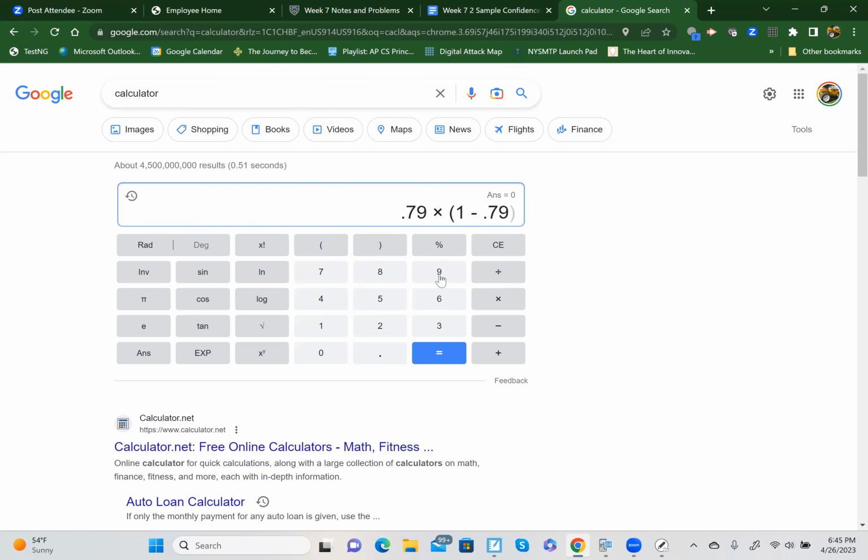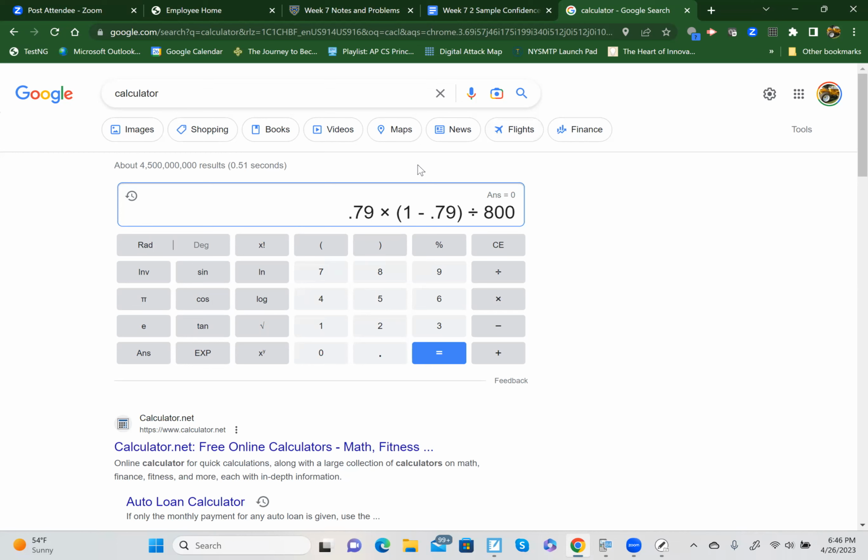Now I should make a comment here. Some of you might not be using a Chrome browser. I'm using Google Chrome here, so if you type in calculator, you land on this. If you're using a different browser, you'll get a different looking calculator. If you don't have as many buttons as I have, you can search for a scientific calculator if you want.